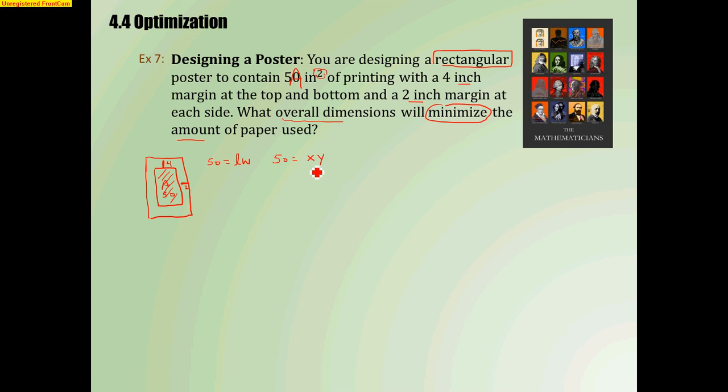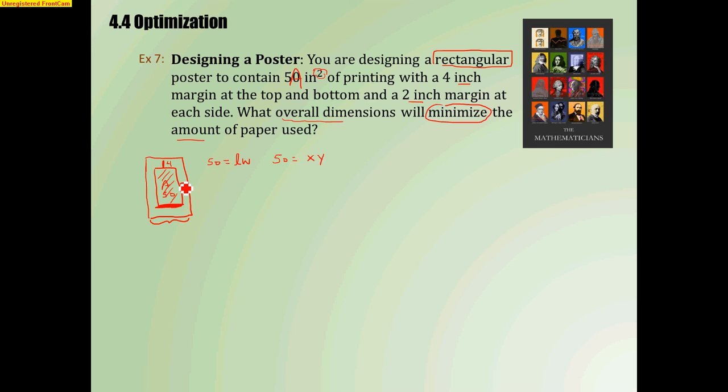So, what do I have? I have x times y, but that's the area of the little one, right? They want the overall dimensions, so of the large one. So if 50 is the area of the inside one, and x is this length here, what is this length then?